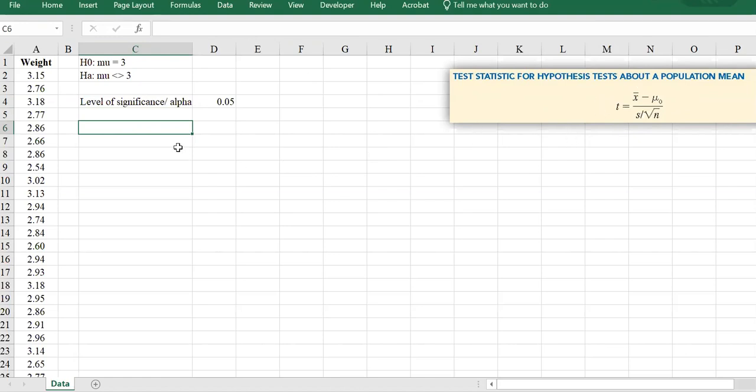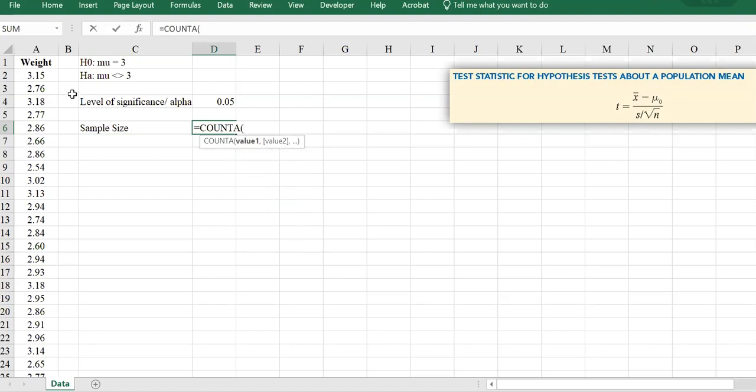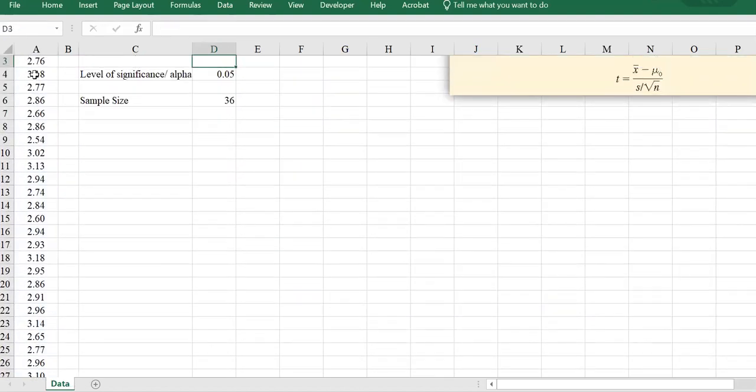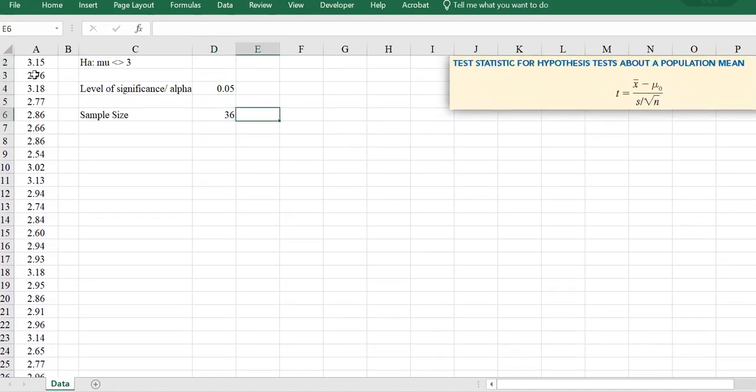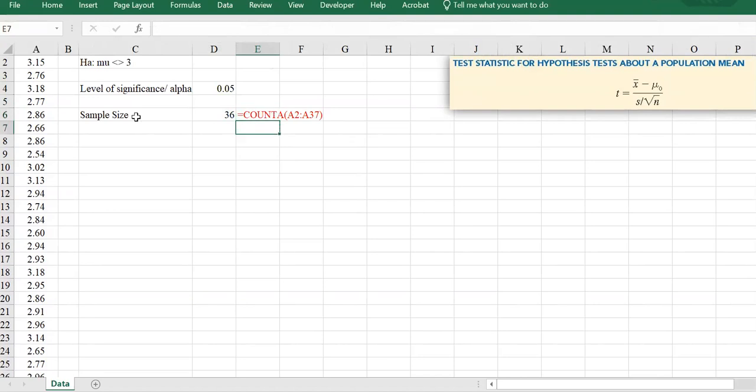These are the ingredients that we need before we can compute the test statistic. I'm going to start with sample size, or n, and that would be simply count A of my sample. We already know it's 36, so you can simply type 36 if you feel more comfortable with that, but it's always better if you use the formula.